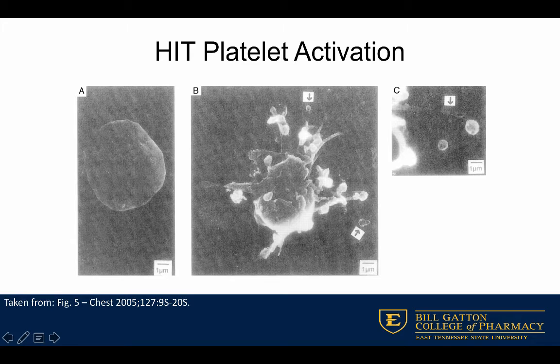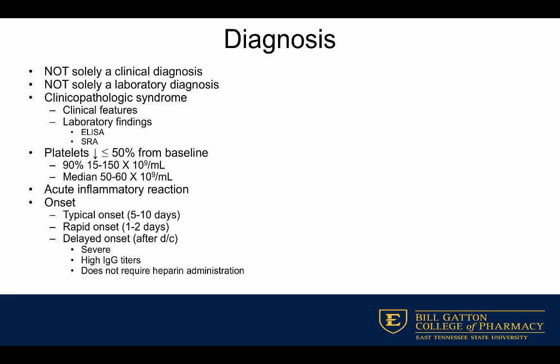What you'll note is the significant morphologic change that has taken place in this diagram, and then zoomed in on that image are the microparticles being released from the platelets. So you can see with this picture of an activated platelet in a patient suffering from HIT the extreme amplification and activation that the patient's platelets undergo when they suffer from heparin-induced thrombocytopenia.